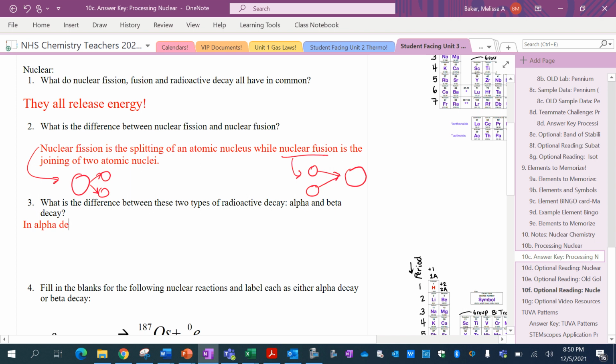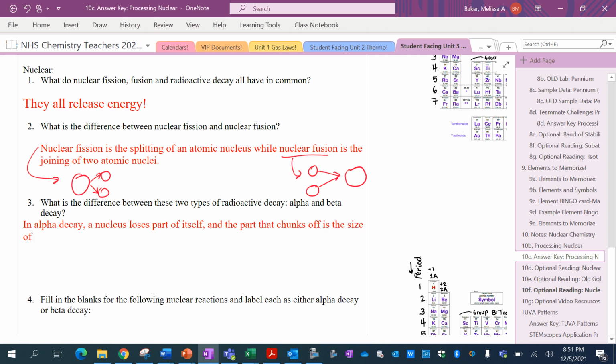In alpha decay, a nucleus loses part of itself, and the part that falls off, that chunks off, is the size of a helium atom without electrons.